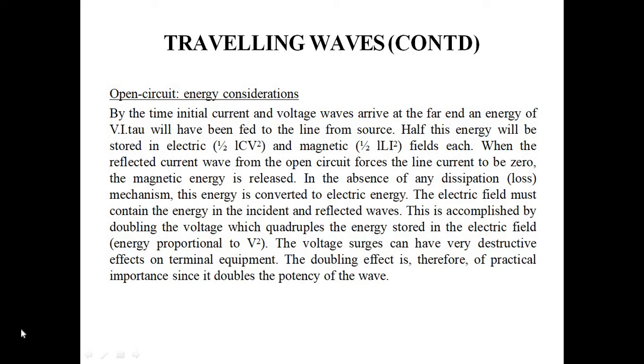When the reflected current from the open circuit cancels the line current to be 0, in the absence of any dissipation mechanism, the energy is converted into electrical energy. The electric field must contain the energy of the incident and reflected waves.